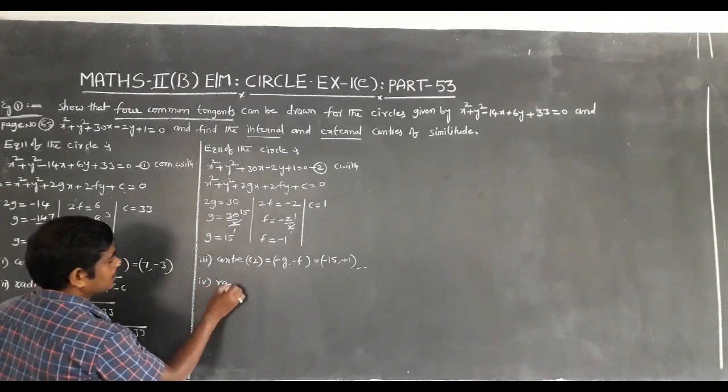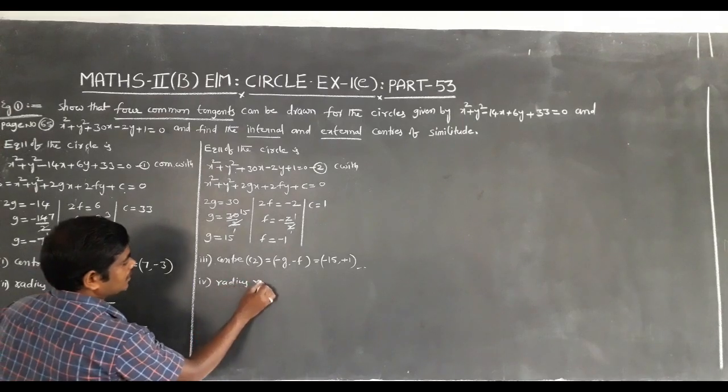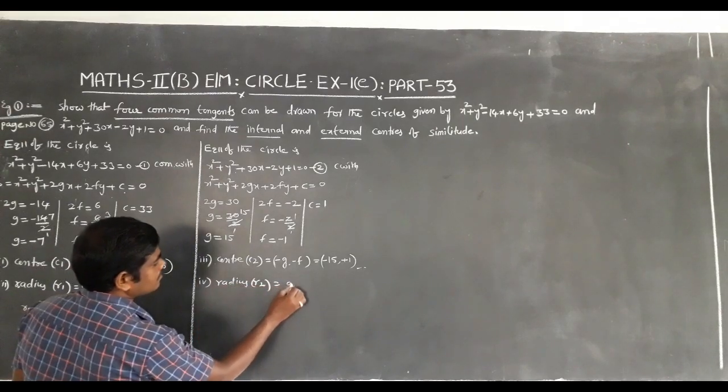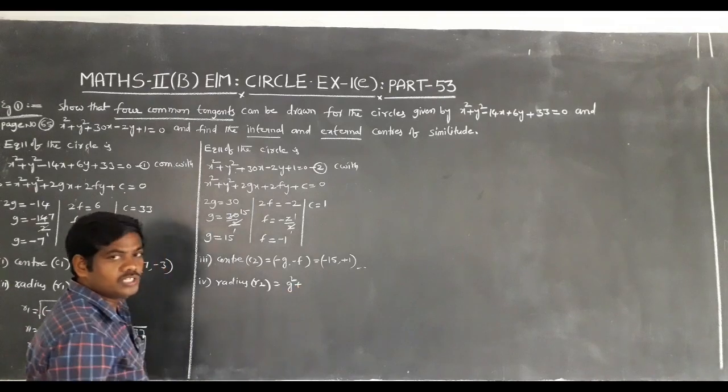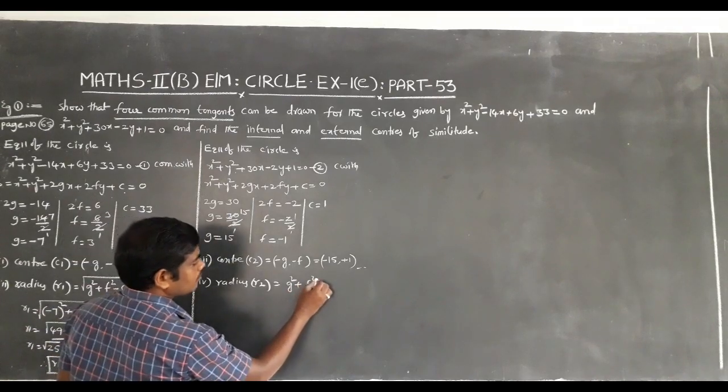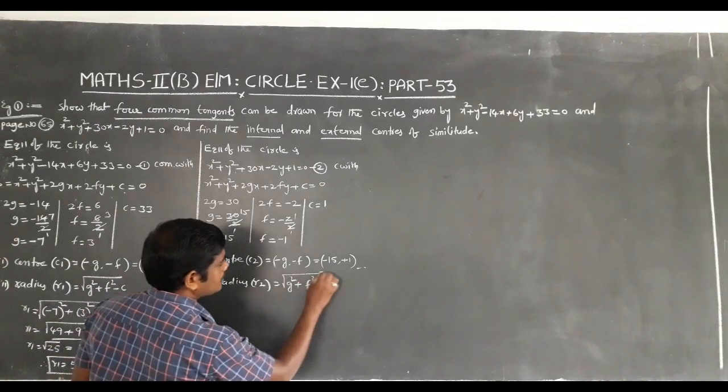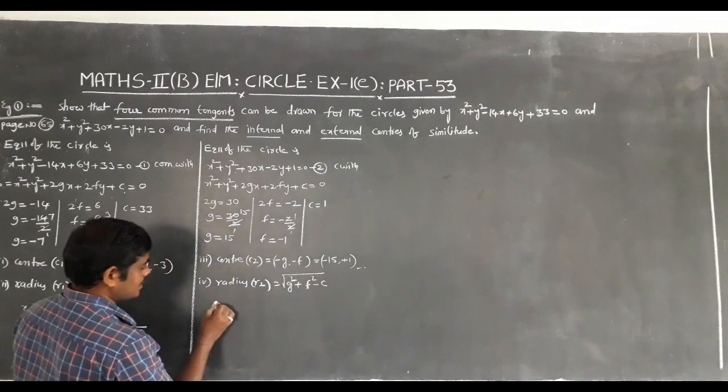Next, the radius of the second circle. R2 is equal to under root of g square plus f square minus c.